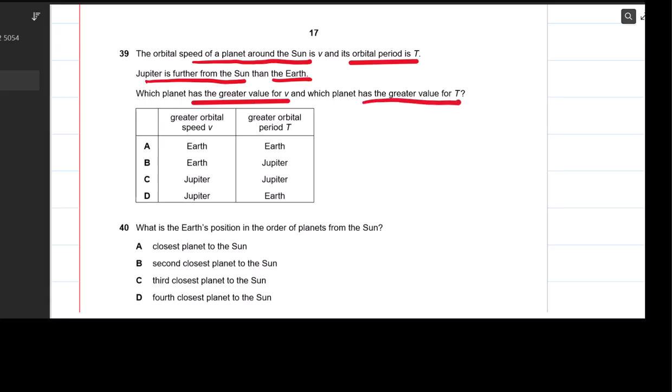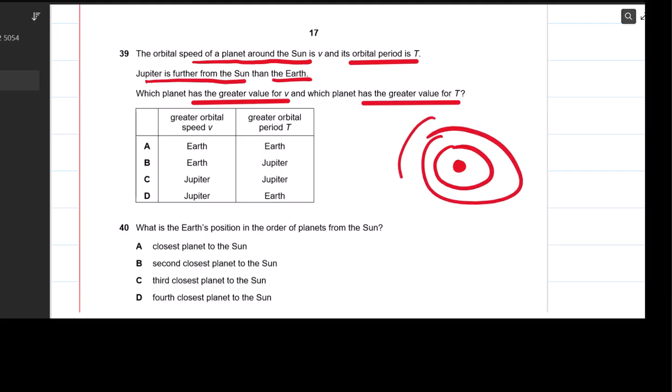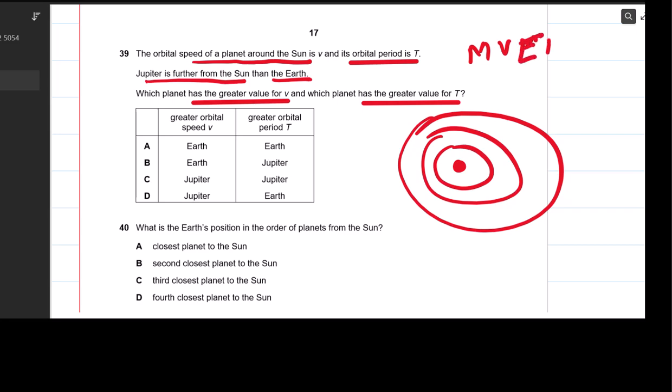So this is the Sun, here one orbit, another orbit, and another orbit. Somewhere here we have Mercury, Venus, Earth, Mars, then Jupiter, then Saturn, Uranus, and Neptune. So Jupiter is far from the Earth and even the Sun.